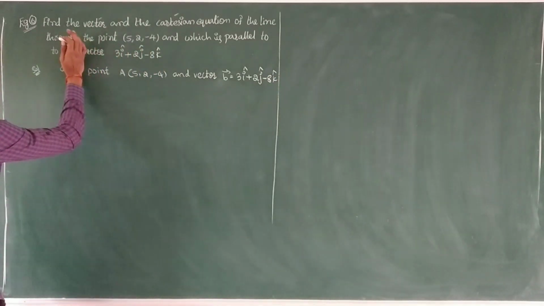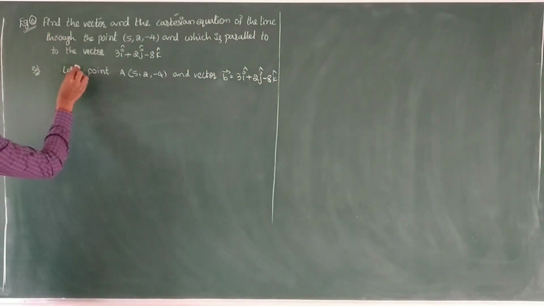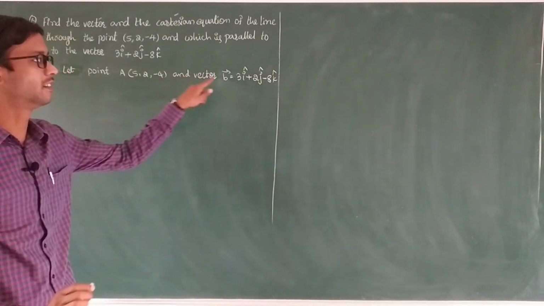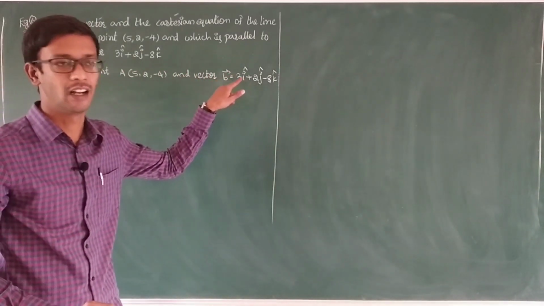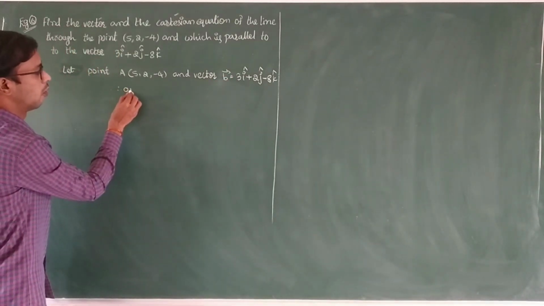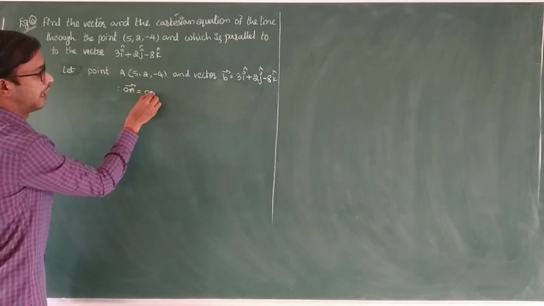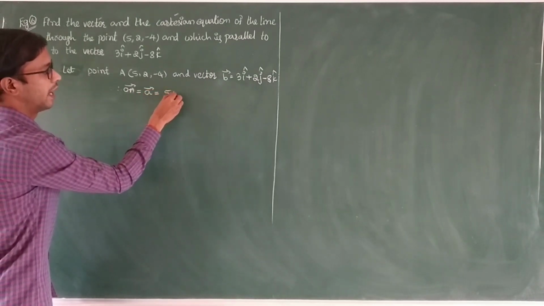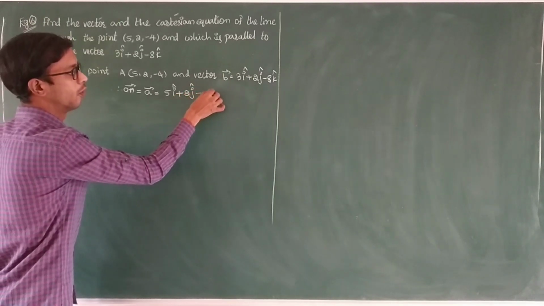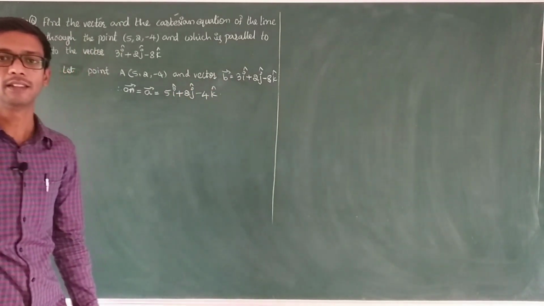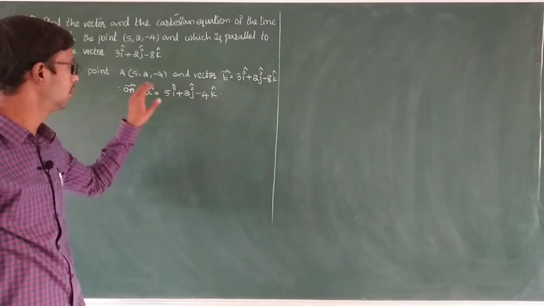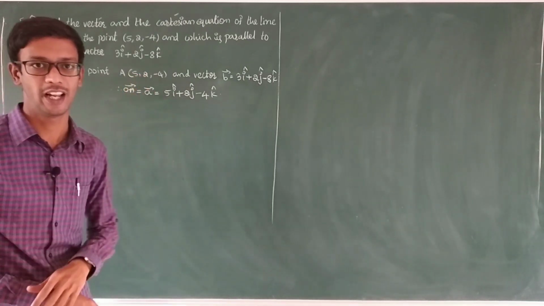So here I am taking the given point as capital A and the parallel vector as B bar. Therefore OA bar, which is A bar, is equal to 5i cap plus 2j cap minus 4k cap. This is the position vector of point A.